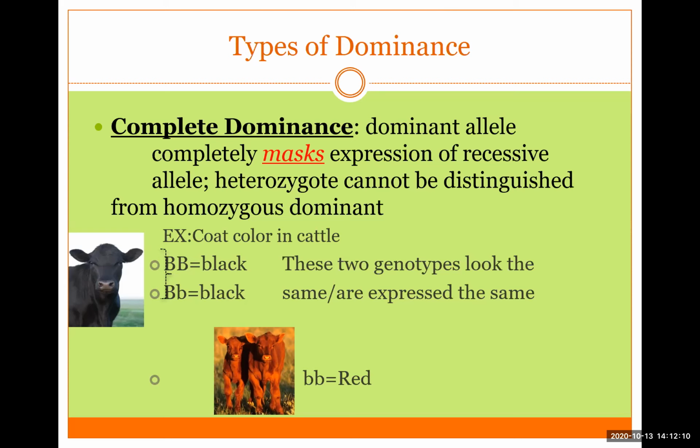This one is black. What about these ones down here? They're going to be red. So half the time, this bull bred to this cow will throw red calves. And then the other half of the time, he'll throw black calves. Are they carriers for red? Yes, they are. This is one of the ways that colors can skip generations.